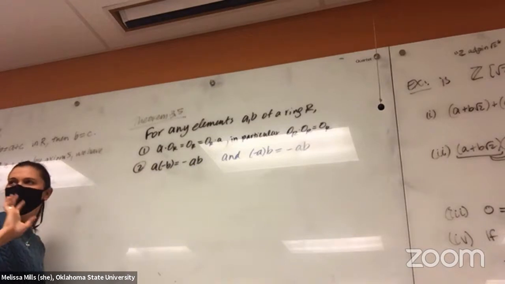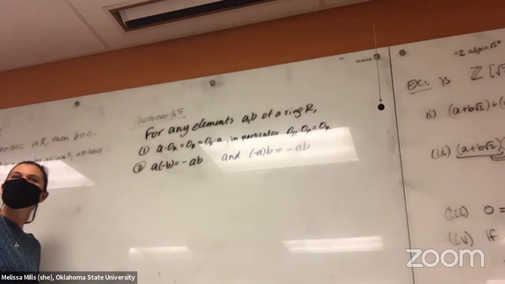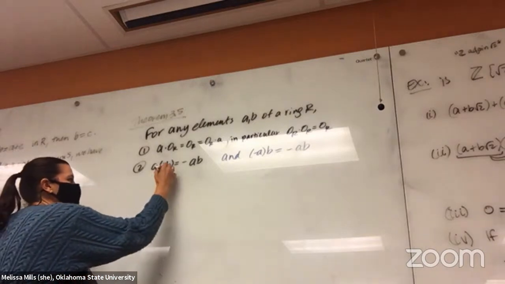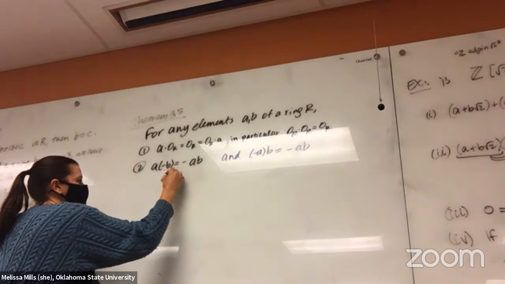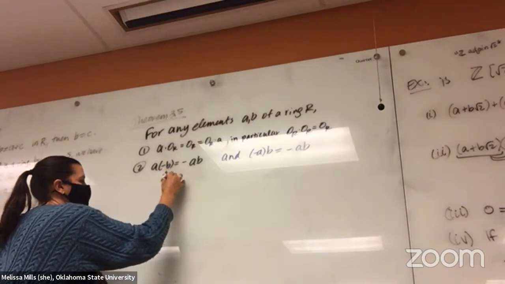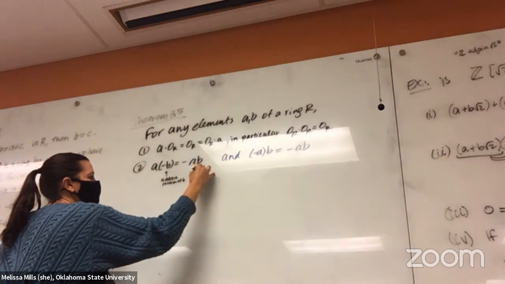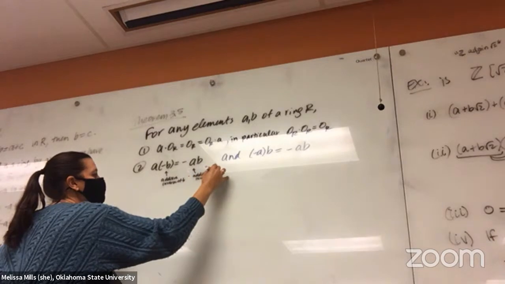I know it may seem a little weird because you're like, well, duh, it should be that. But we have to think about what we are saying here. So I'm just going to put a little note here that this is the additive inverse of B, and then this is the additive inverse of AB.